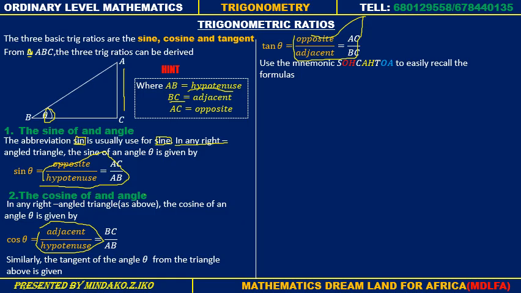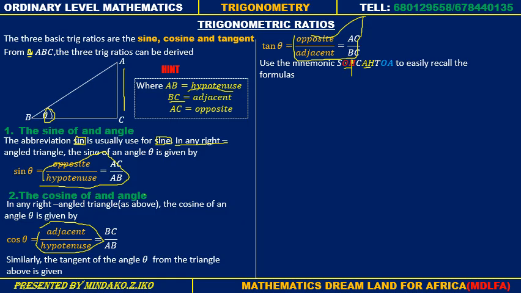So what is the mnemonic saying? SOHCAHTOA: this SOH actually means sine is opposite over hypotenuse. This O here is the opposite, this H here is the hypotenuse. Let's move now to CAH. But we know that cos is the adjacent over the hypotenuse.